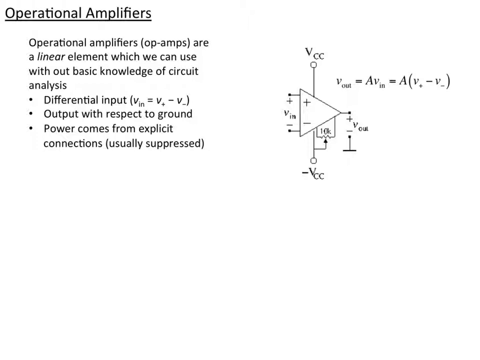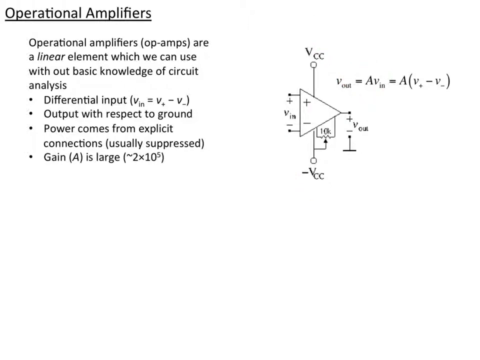Note that ground, since we don't draw it in there, is halfway in between the two powers, if we don't have any other reference. Some op-amps have an explicit ground connection as well, but usually it's just halfway in between the two powers.